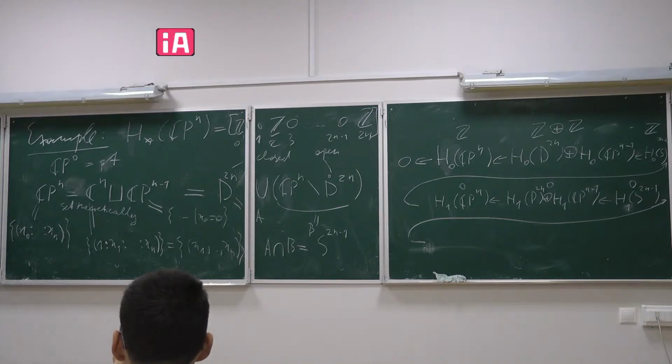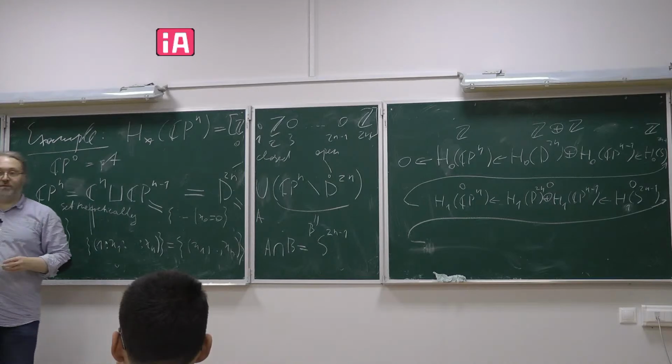So there is a well-defined line through the origin and x. What is x? X is a point inside Cn minus the unit disk.